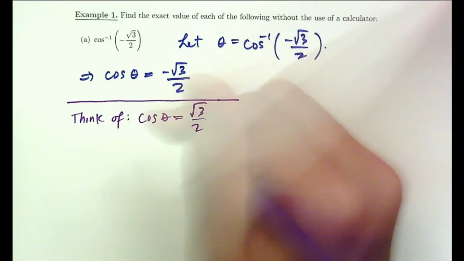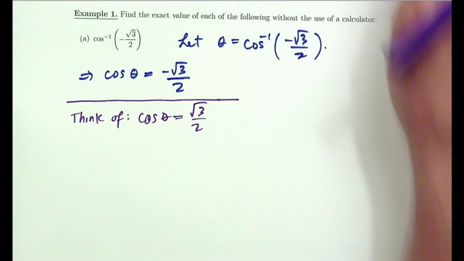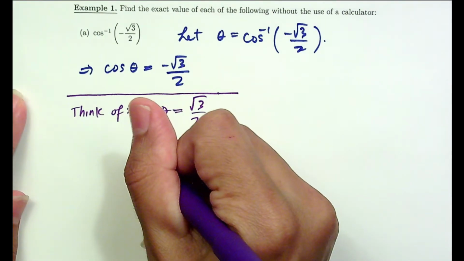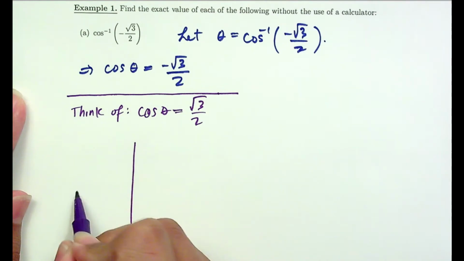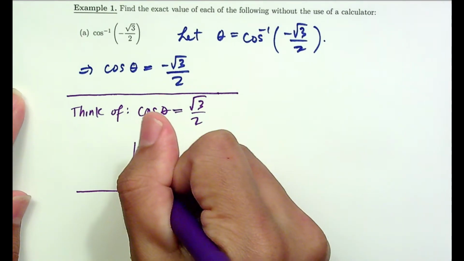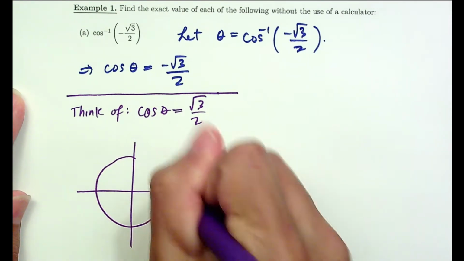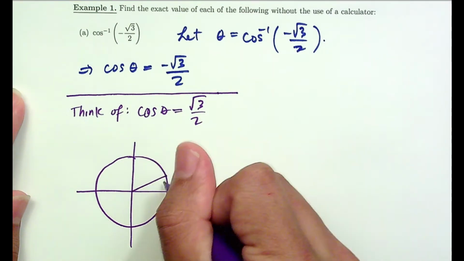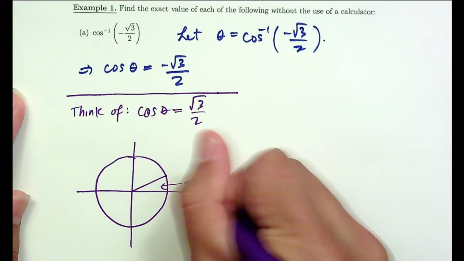All right, let's think about this one. What is an angle whose cosine equals square root of 3 over 2? That is a special one, and you should be able to pull this from your memory. An angle whose cosine equals square root of 3 over 2 is actually pi over 6.